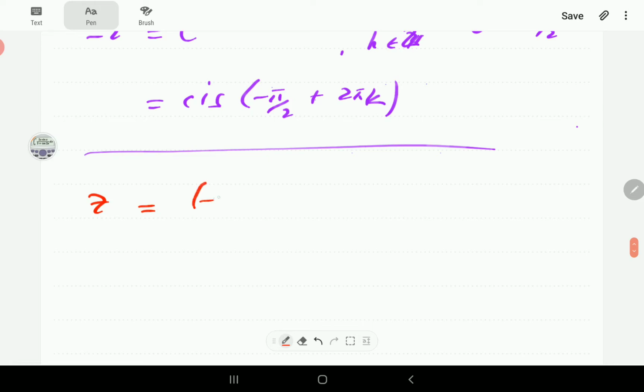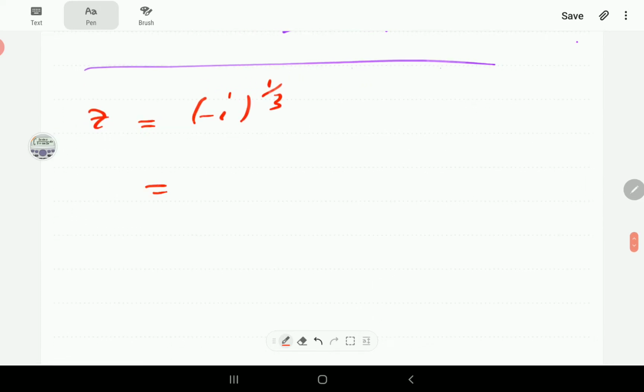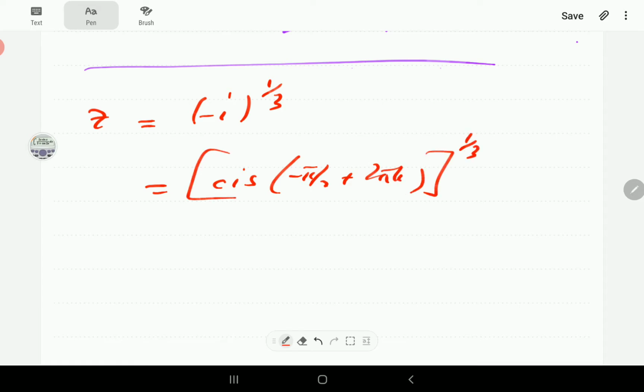So going back to z, we raise to the power 1/3. This is going to be cis of (-pi/2 plus 2 pi k), all raised to the power 1/3. Then by de Moivre's, we multiply the angle by 1/3.